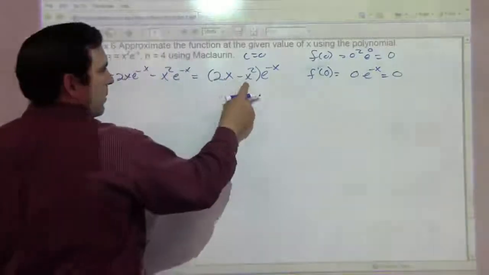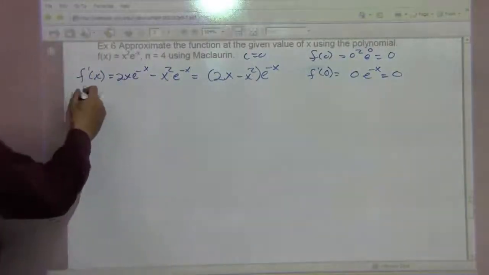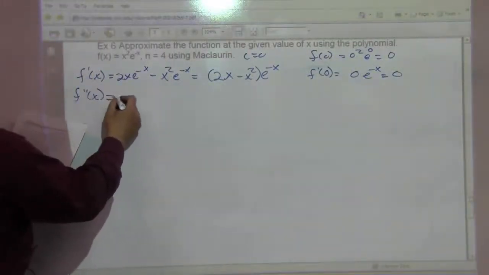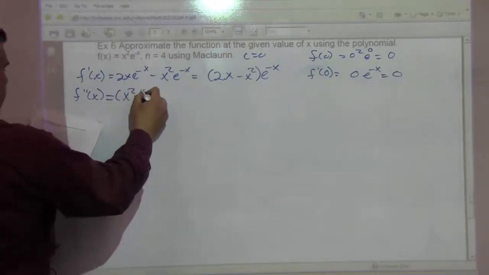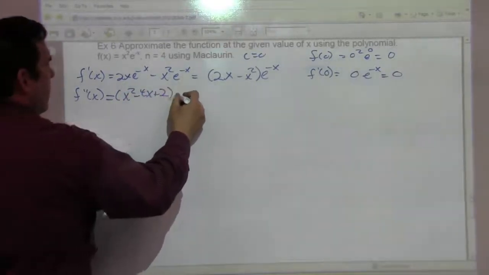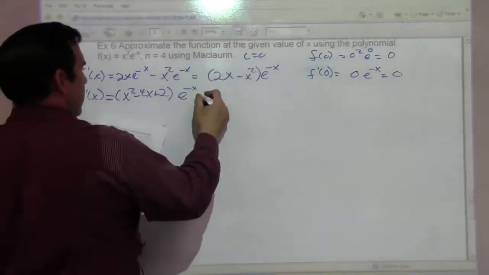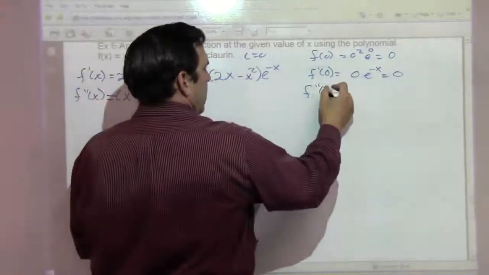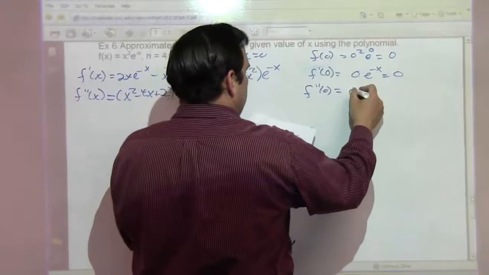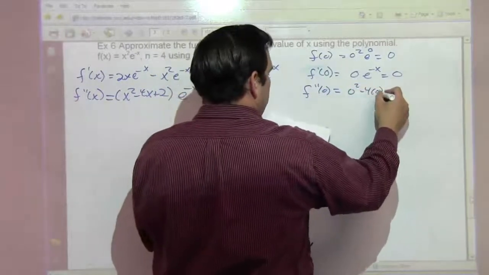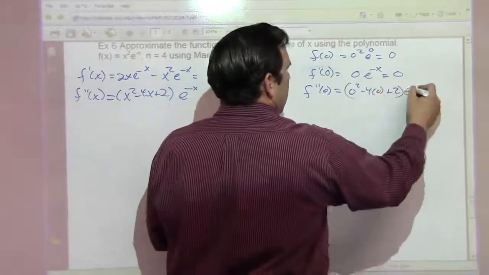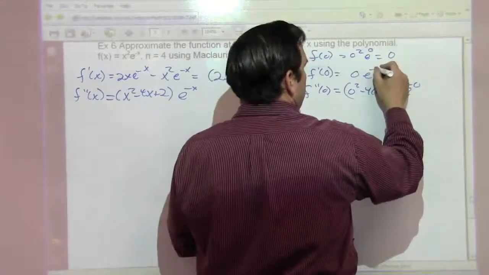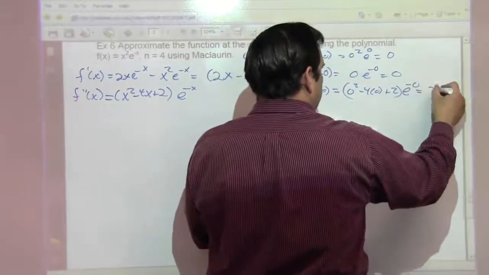There's 0, 0 there. f double prime of x is x squared minus 4x plus 2 times e to the negative x. And f double prime at 0 is just going to end up being 0 squared minus 4 times 0 plus 2 times e to the negative 0, and that's going to be 2.